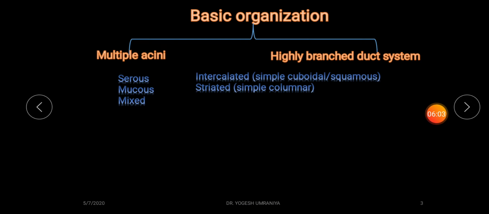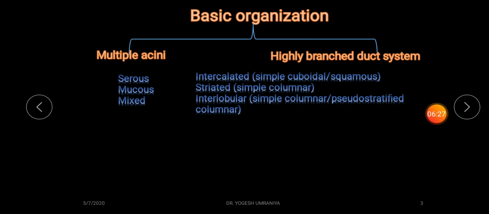After the intercalated duct you have the striated duct. Why this duct is known as the striated duct, we will discuss later on. The wall of this striated duct is lined by simple columnar cells. Keep in mind, simple columnar cells line the striated duct.